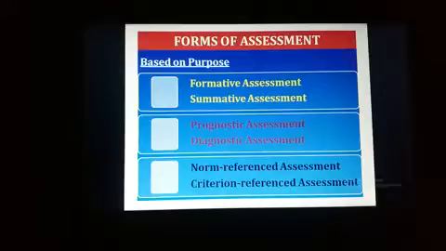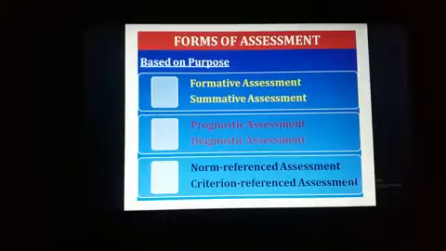So there is a distinction between formative assessment and summative assessment. Formative assessment is during the process of learning, whereas summative assessment is conducted at the end of learning or at the end of the unit of learning.